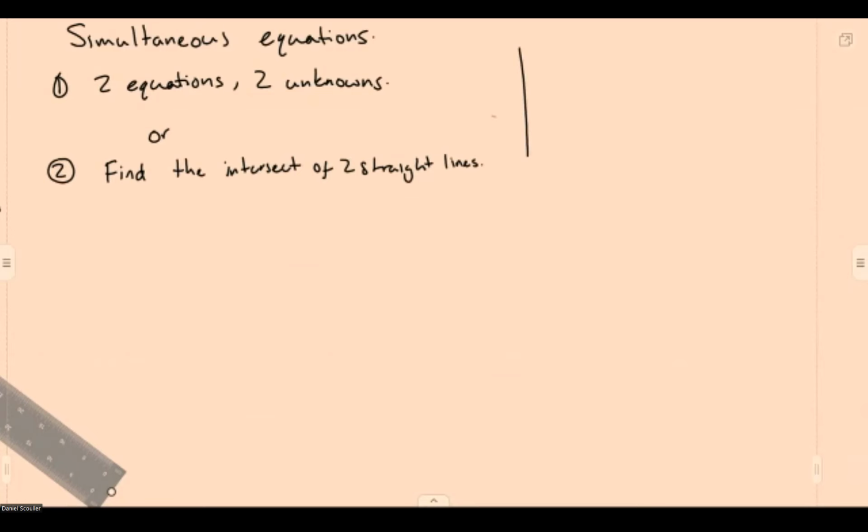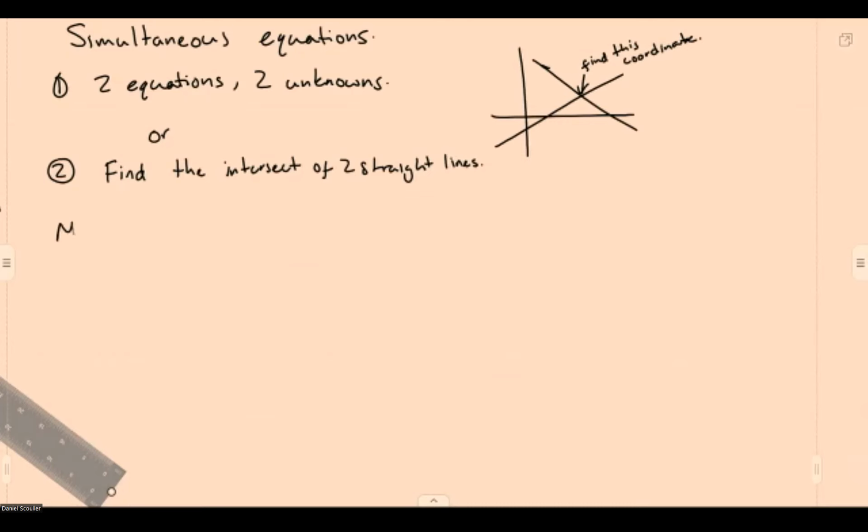So if we've got a graph, with a straight line going that way and a straight line going that way, it allows us to find this coordinate. All right, that's important.